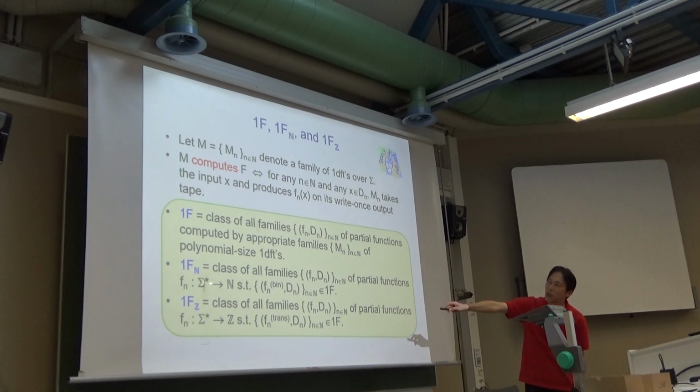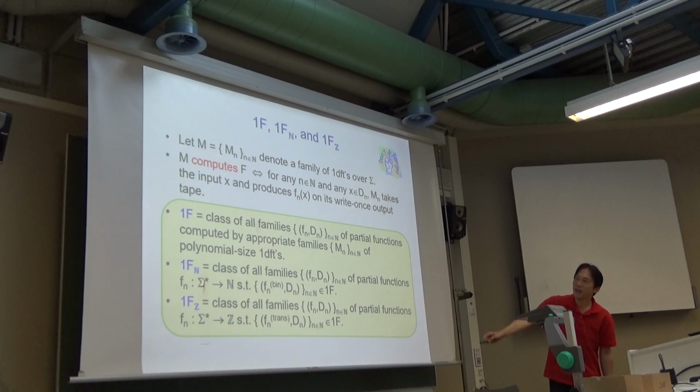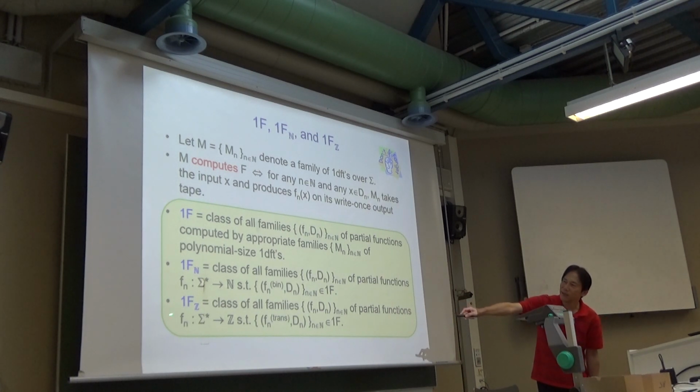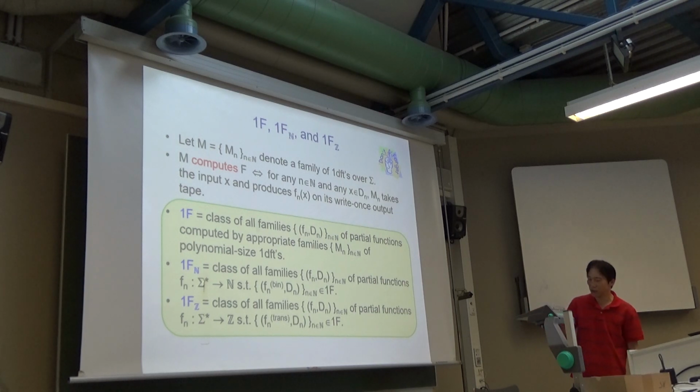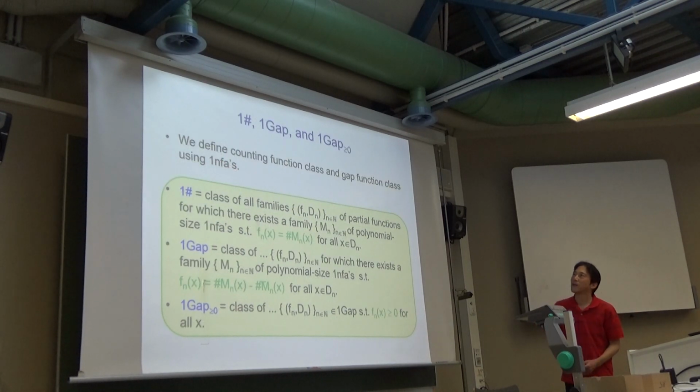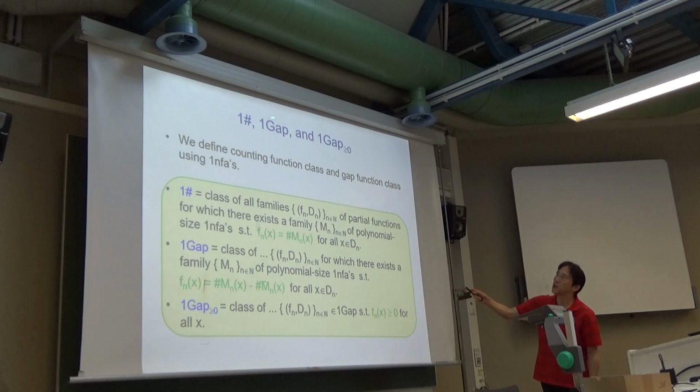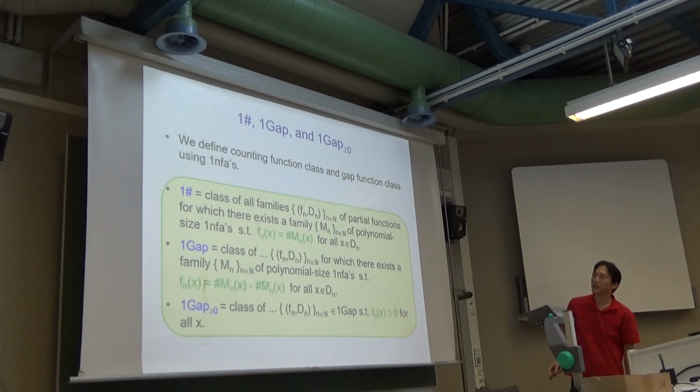And if you use natural numbers or integers, then we put N and Z to refer to what kind of functions we are talking about. So this is N, this is Z. All right, so we'll introduce the complexity classes.